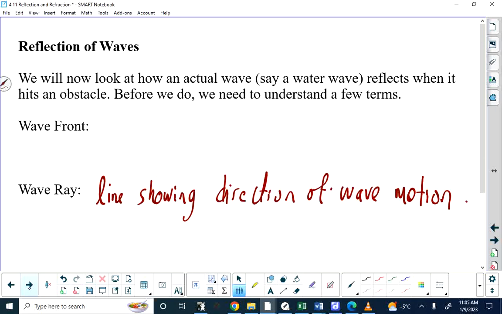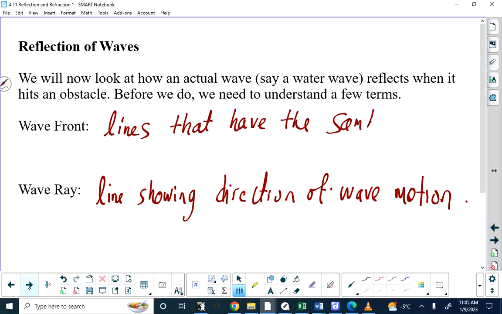Wave fronts are lines that have the same disturbance of the medium.